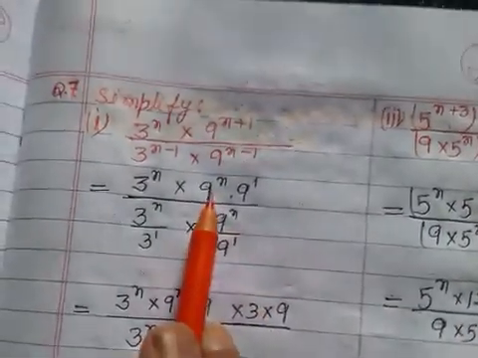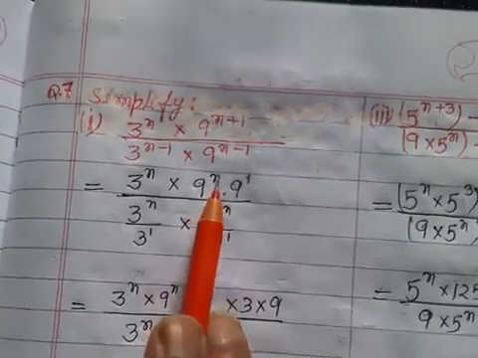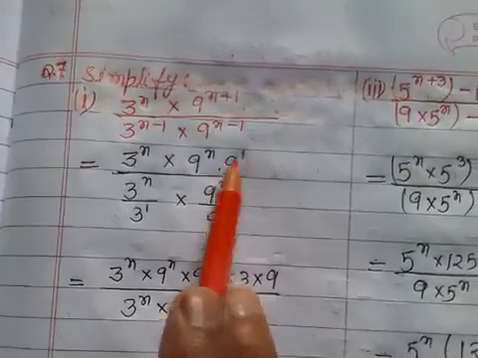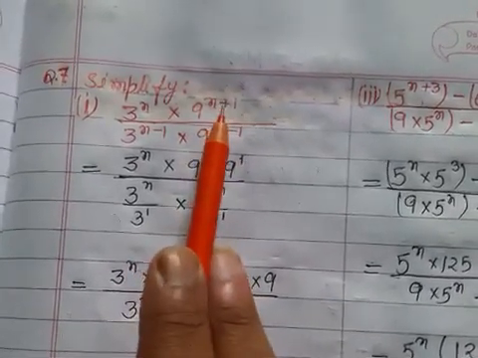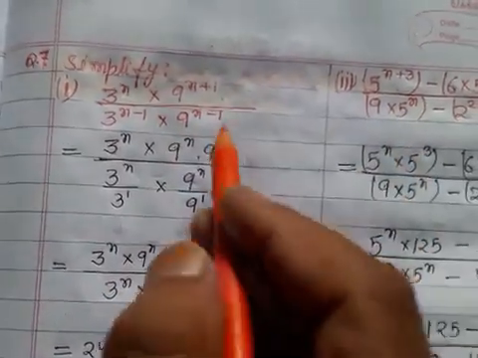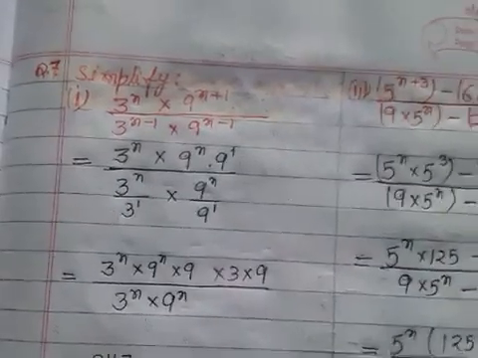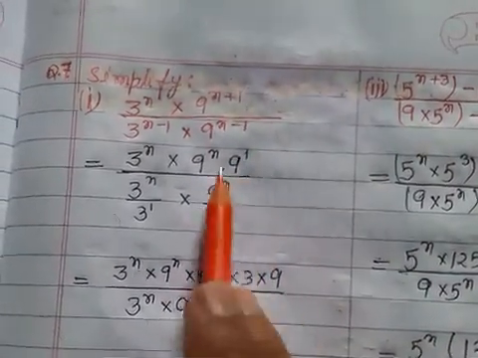We write 3 to the power n into 9 to the power n into 9 to the power 1. Okay, because powers are adding, so we write this in multiplication form.